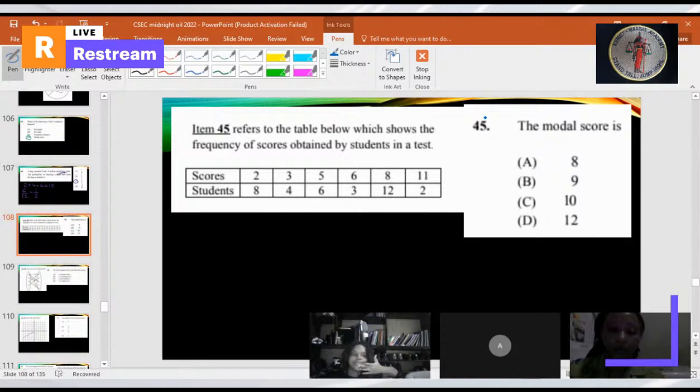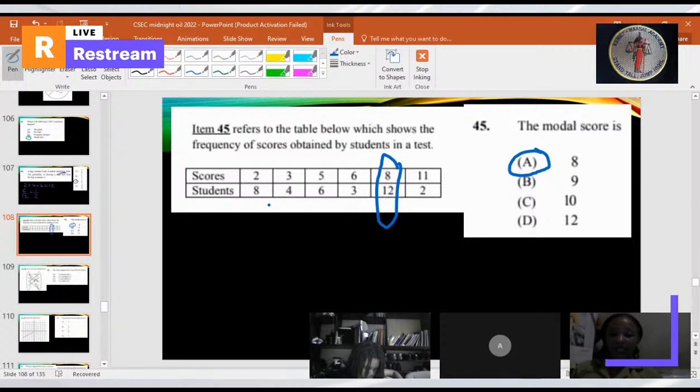It would be 8, which is A, because the number of students who got the score 8 is 12, which is more than the rest of the marks. That's the most frequent score.